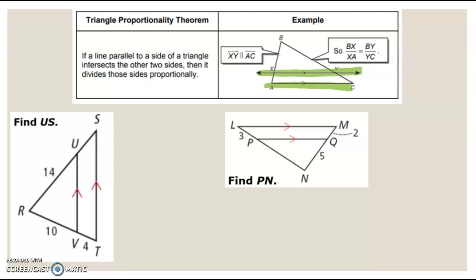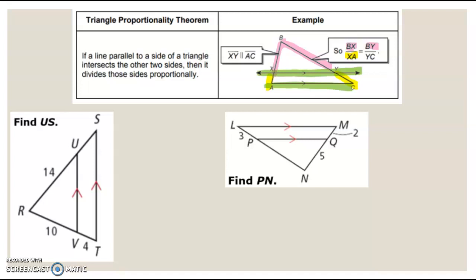It cuts the side of my triangle into proportional pieces so that BX over XA is proportional, so is equal to BY over YC.